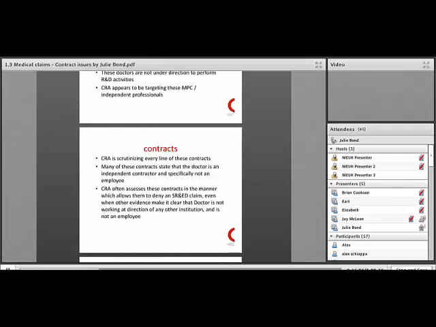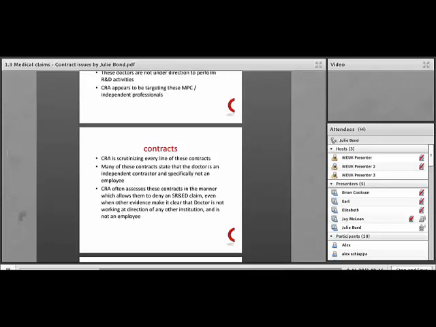What we see CRA doing is scrutinizing every single line of these contracts. Many of these contracts state that the doctor is an independent contractor and not an employee, but somehow CRA still comes to the conclusion that they're employees, so we have some difficulty with those types of interpretations.